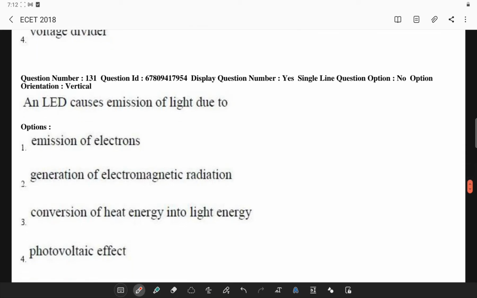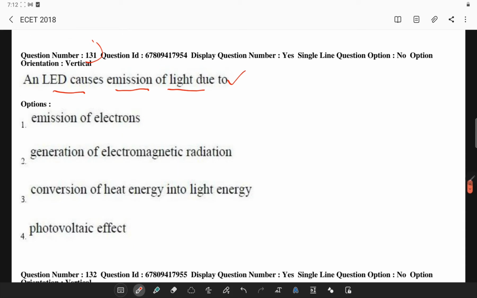Next, an LED causes emission of light due to, see the options. An LED causes emission of light basically due to generation of electromagnetic radiation.